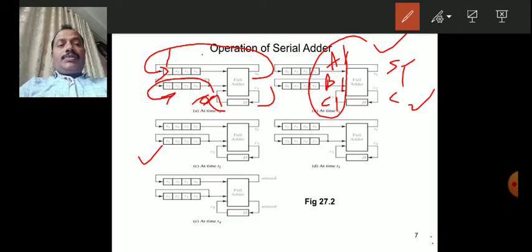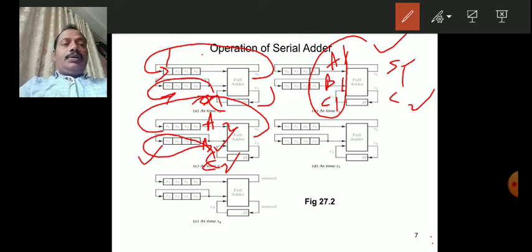Once that pulse comes here, S1 is shifted into accumulator A, and the bits of B are also rotated left, and C2 is shifted to here. That means now A2, B2 and C2 are available to the full adder at time T2.